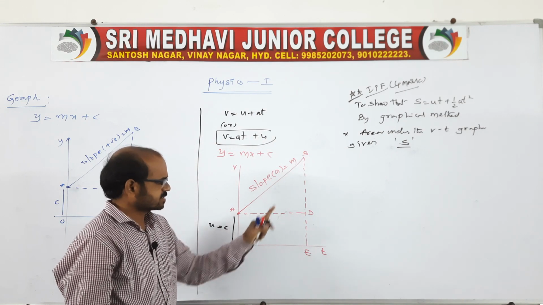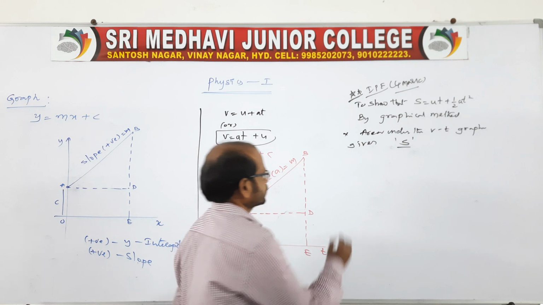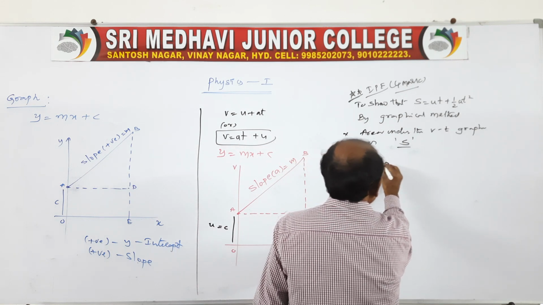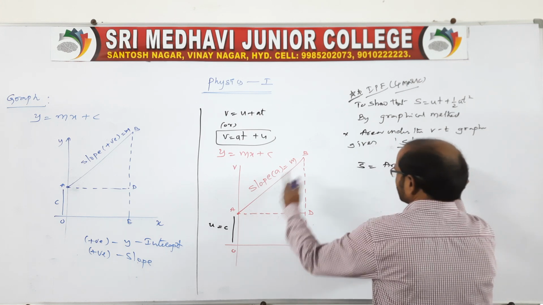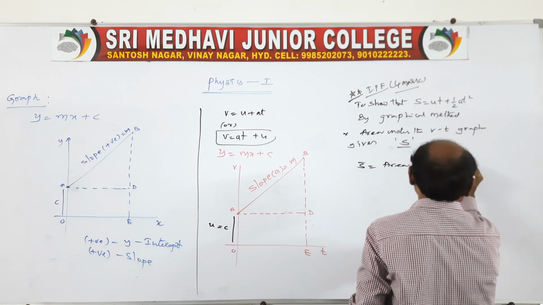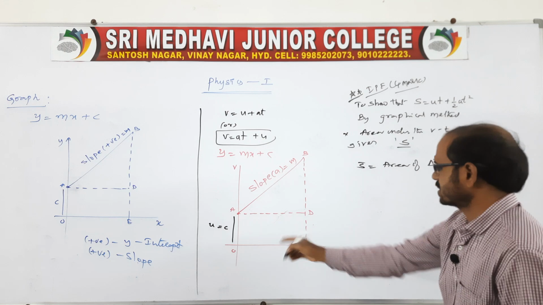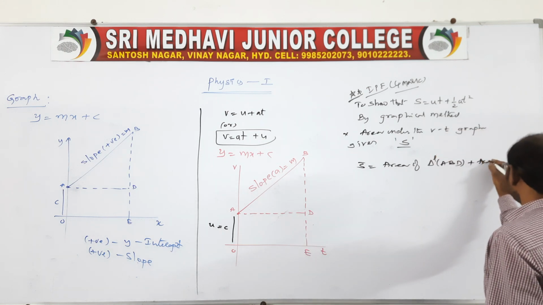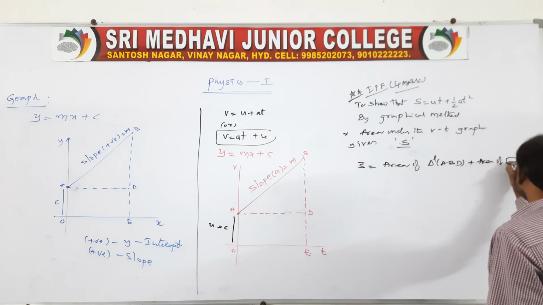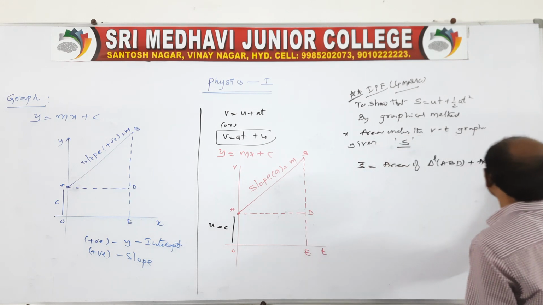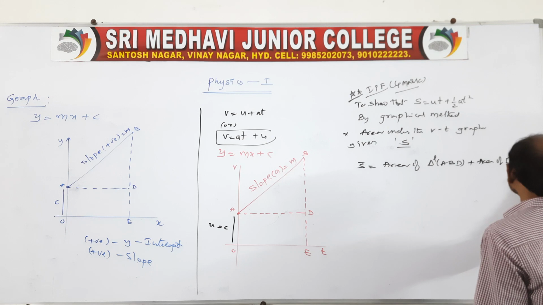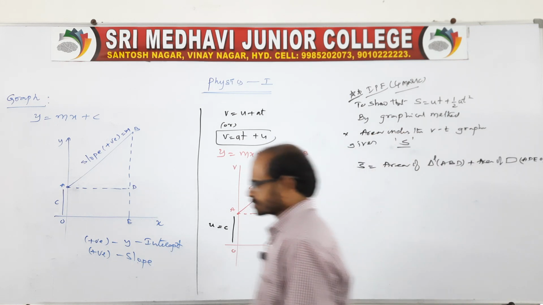So how many areas are there? One is a triangle area, one more is a rectangular area. So the displacement is equal to, we can write like this, area of triangle, that you write A, B, D, plus another area, that is the area of rectangle, that is A, D, E, O. A, D, E, O is the rectangular area.